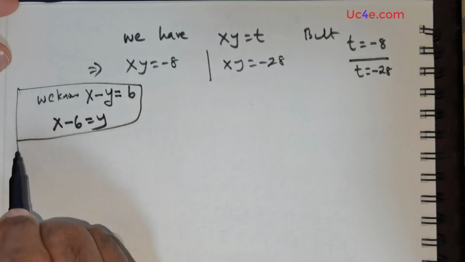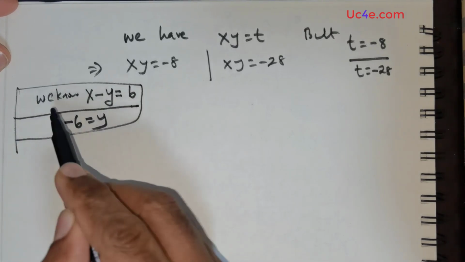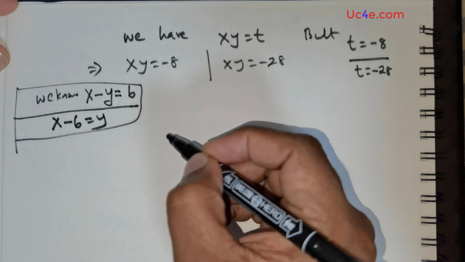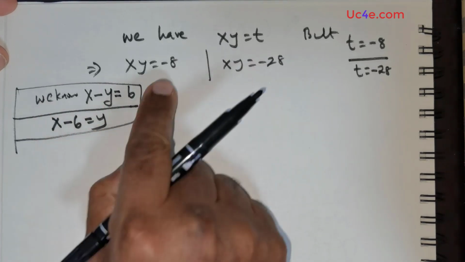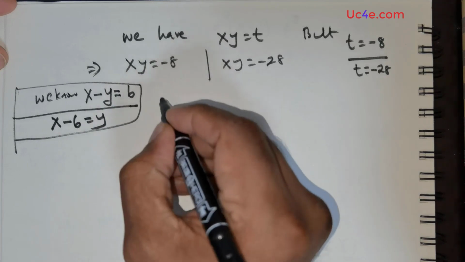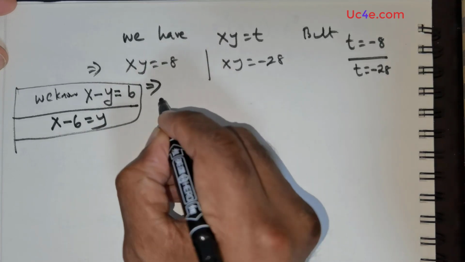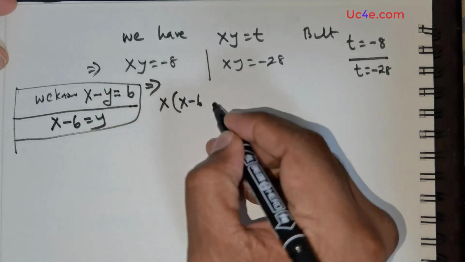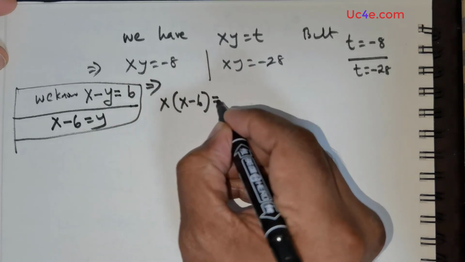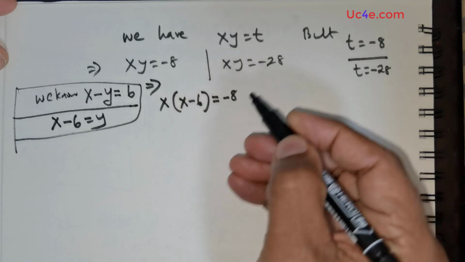These were all shown to you at the start of this particular question. So what I would do is substitute the value of y over here. So this can be rewritten as x into, in place of y, I'm going to substitute x - 6, equal to -8.